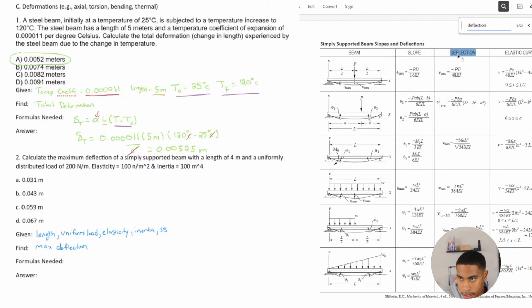Okay, so I know I'm in the right area. Max deflection though, so I'm looking for, deflection is denoted as V, but V max is what I'm looking for. So which formula would I choose from this chart? Well, this beam is a concentrated one-point load at the center. This beam is a point load not at the center.